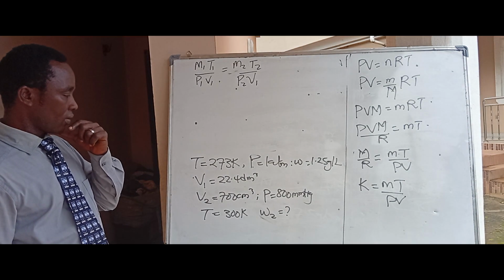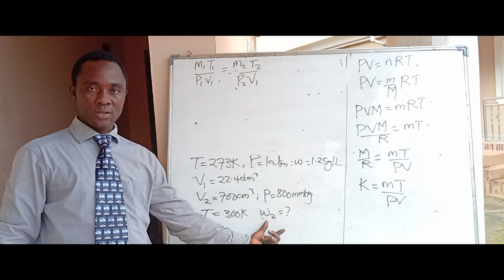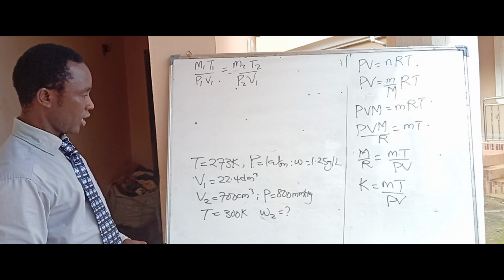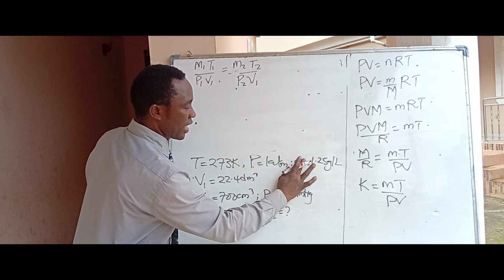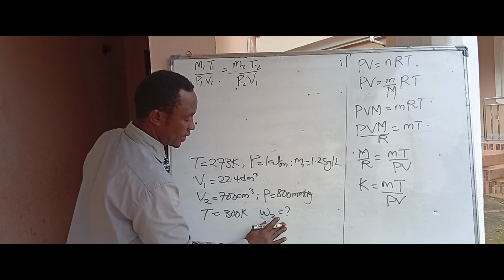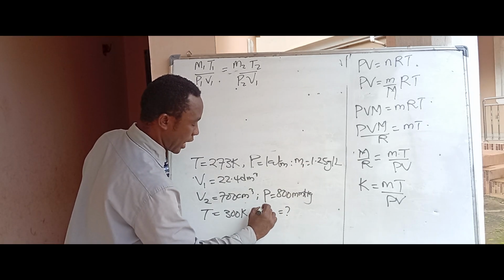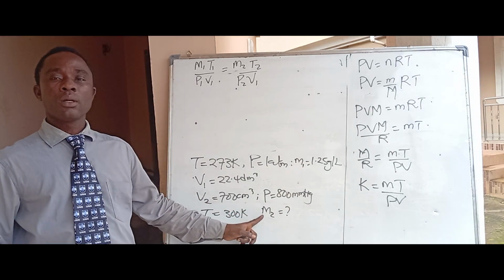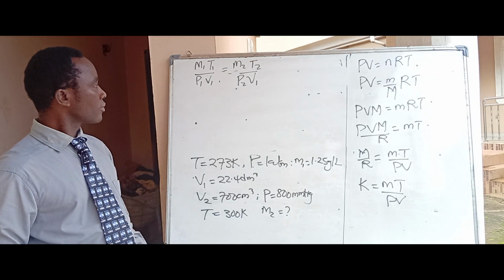What we are looking for is the second mass, which is weight. Instead of W1, I can use m1, and instead of W2, I can use m2, because weight is mass.